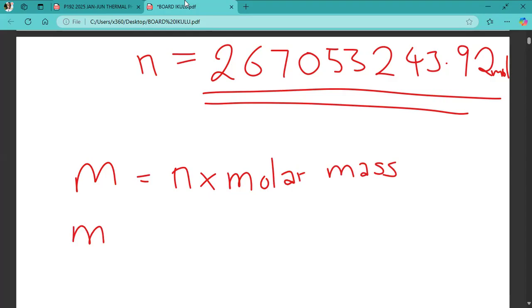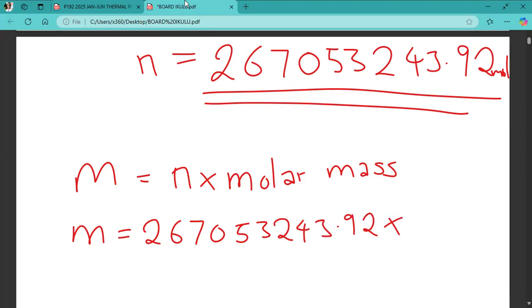So the mass will be equal to this number that I have here, 267,053,243.92 multiplied by the molar mass, which they gave us in the question.